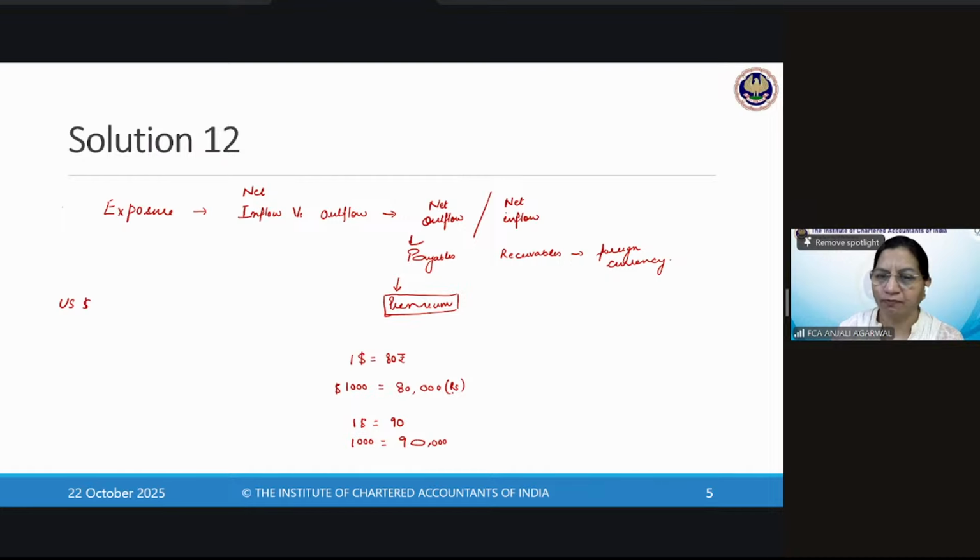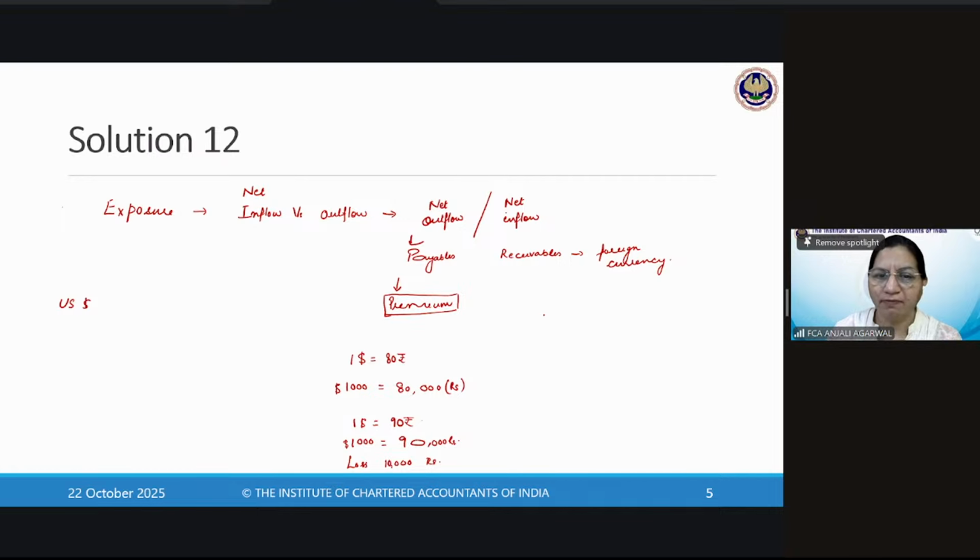So the total outflow was 80,000 rupees. But when you are actually making the payment, if the exchange rate is now $1 equal to 90 rupees, your $1,000 outflow will now be not 80,000 but 90,000 rupees. So there is a loss of 10,000 rupees to the Indian exporter.